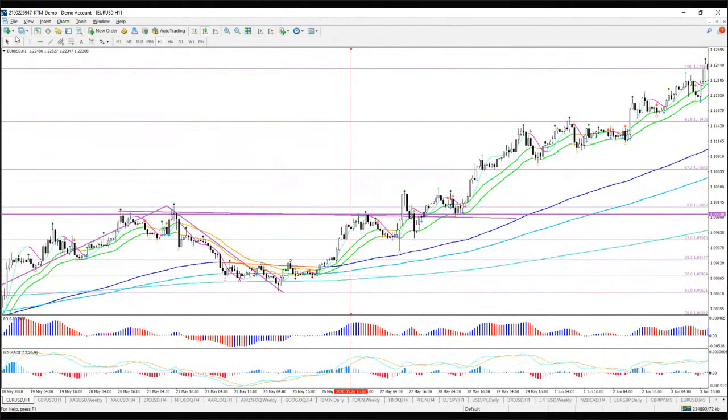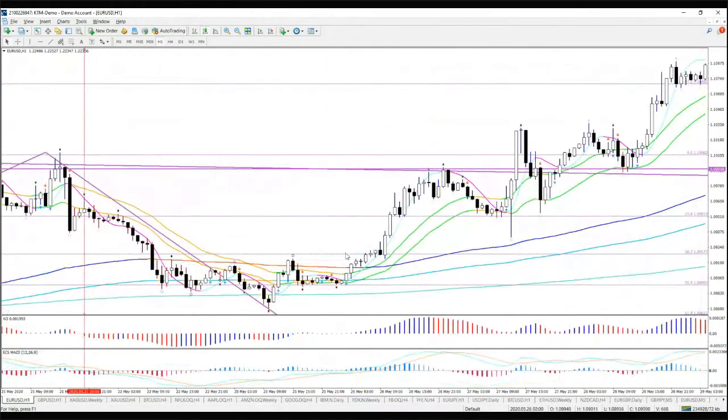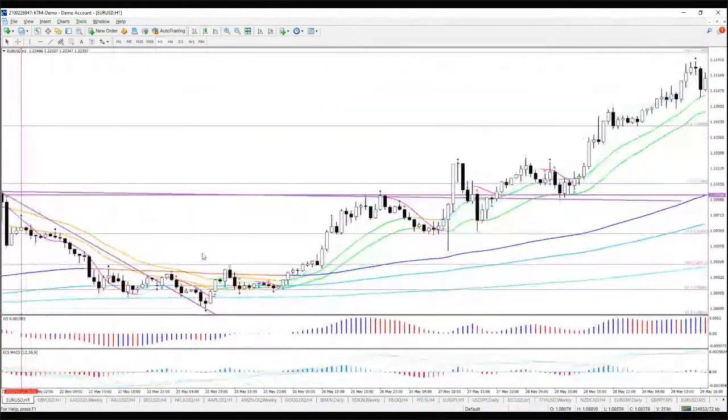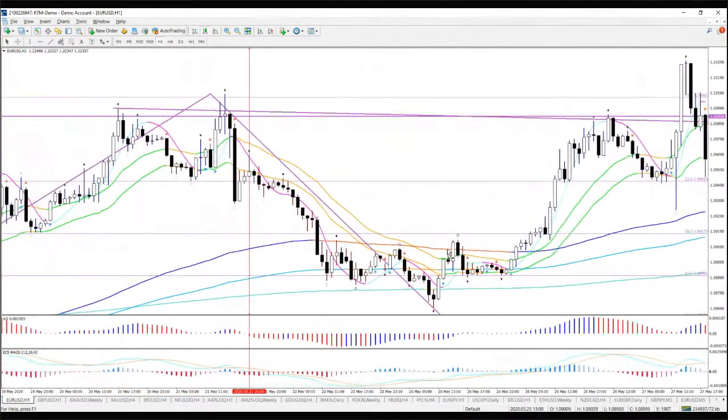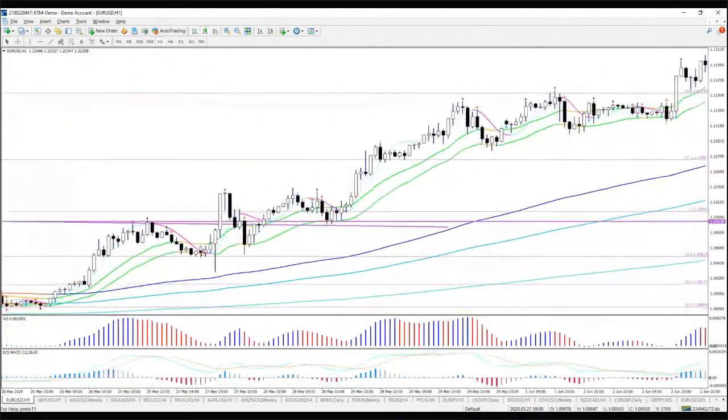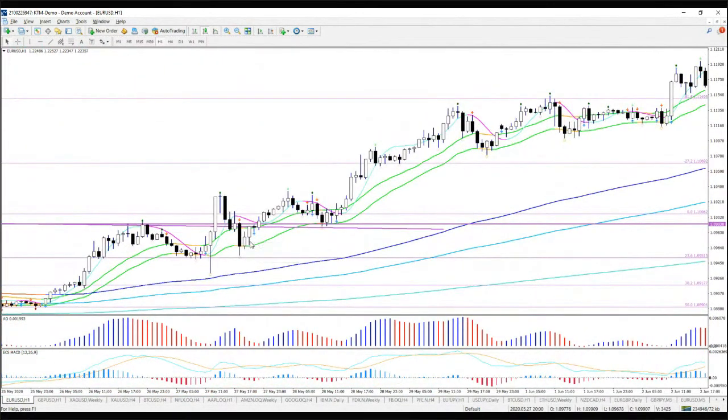And we can see here a break, pullback, and continuation. And we can trade that in many ways. We can take the break itself on the hourly chart. We can take the pullback at the 21 EMA zone, or wait for price action to confirm the bounce here with these bullish candles.